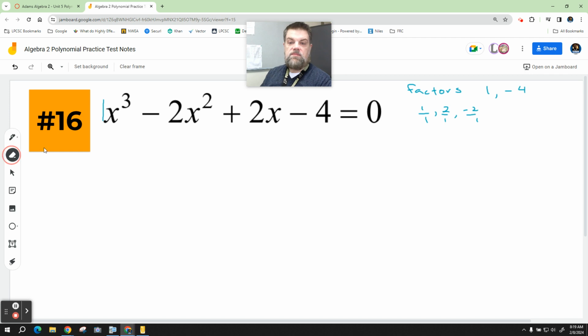Not 1. Erase the 1. It could be 4 over 1, -4 over 1. Whoops. I'll just draw that on the other side. 4 over 1. And so you're gonna try to figure out, one of those are gonna probably be the solutions.